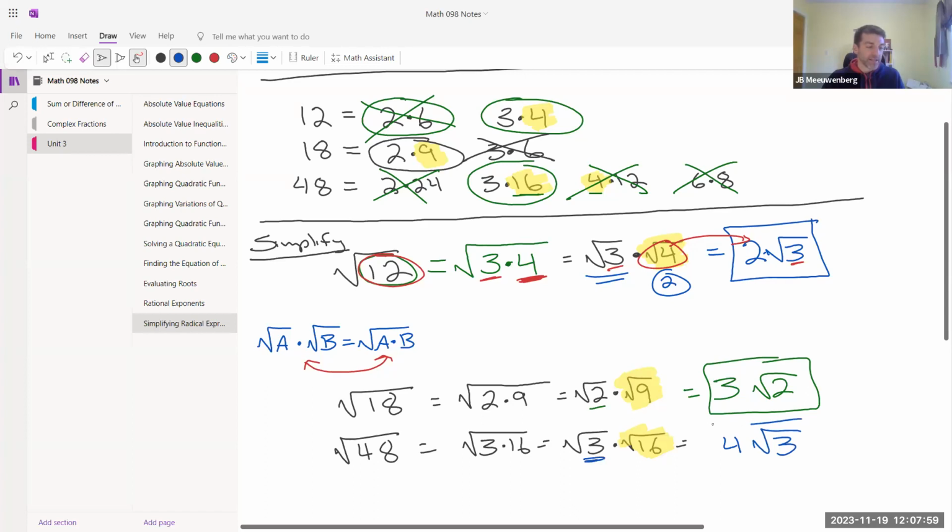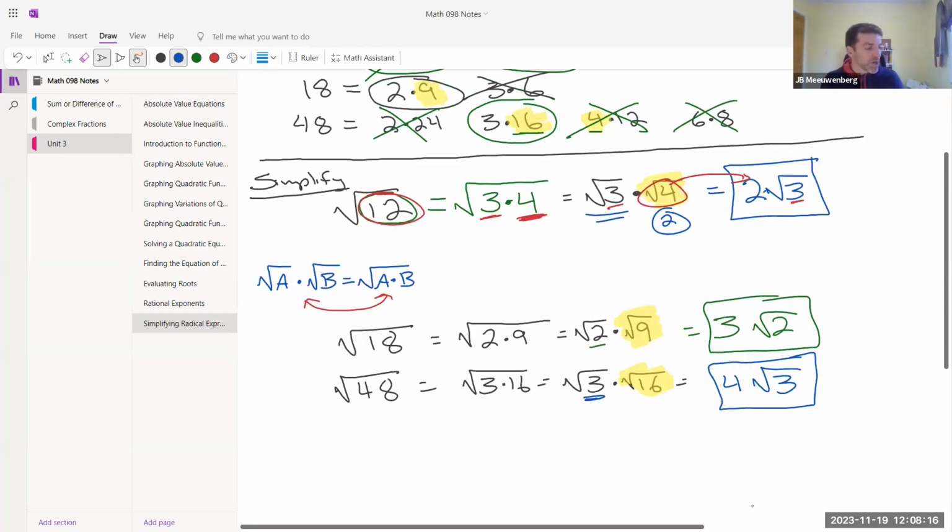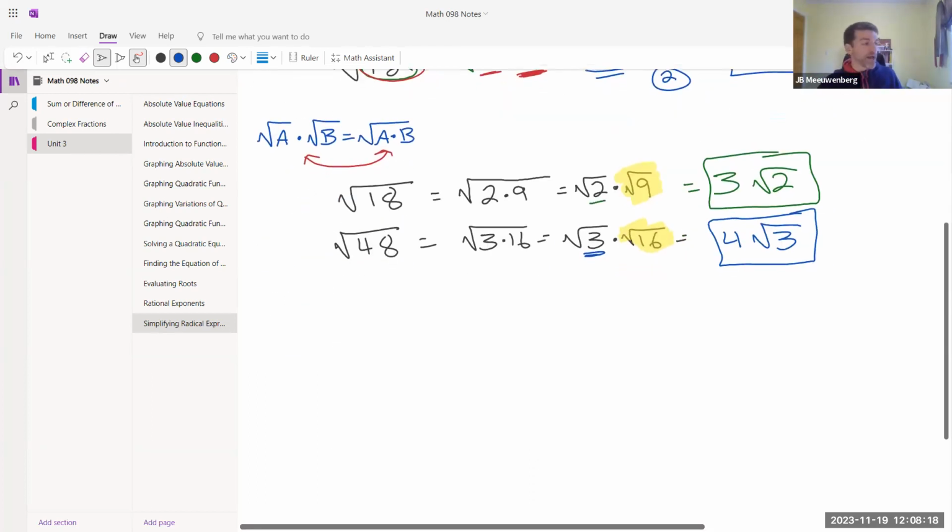This stays in, and the 4 comes out. 4 radical 3. That right there summarizes the idea that we do in this entire lesson. All of the things that we do in this video, we're just going to be looking at variations of this moving forward, okay? So let's try something like the square root of 300.